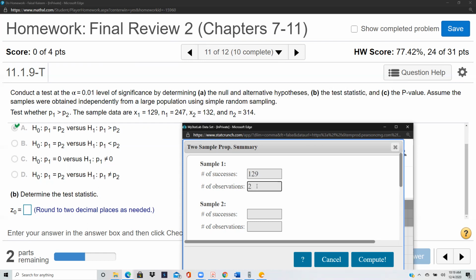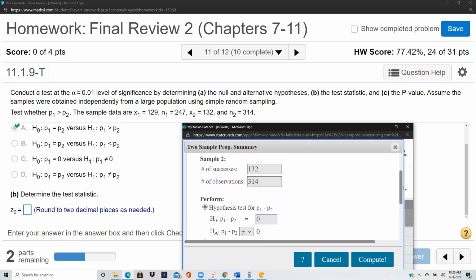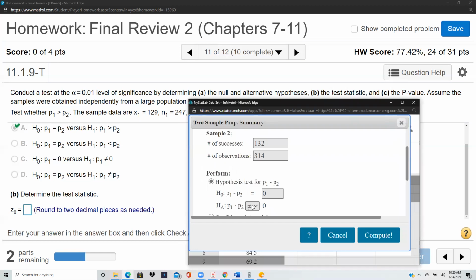Right. So X is always a symbol for successes. And then for the next one, 132 for successes and 314 for the observations. And then what do we do here? We need to change the sign to greater than. In two variables, you just have to look at this sign. Okay. All the numbers are already there.